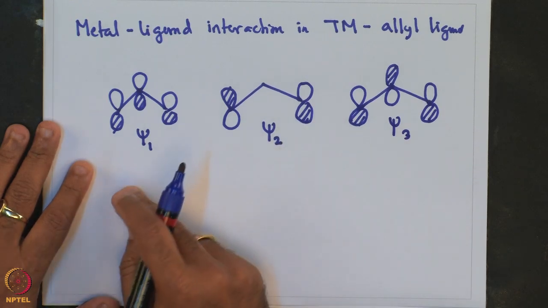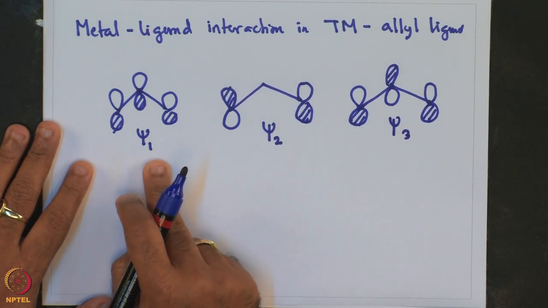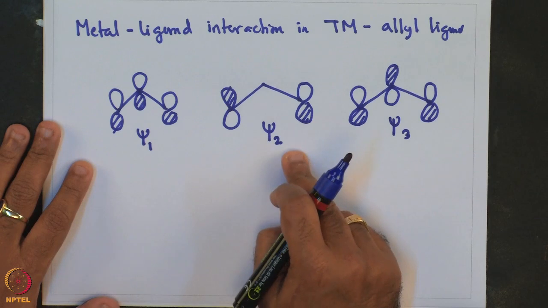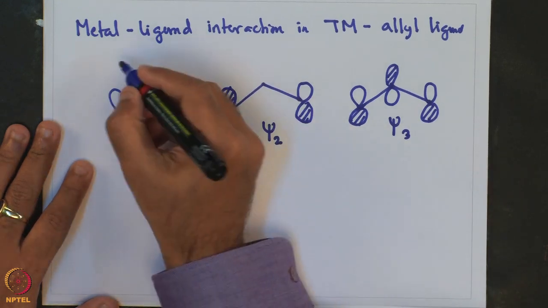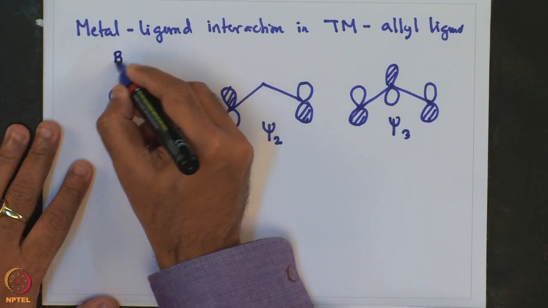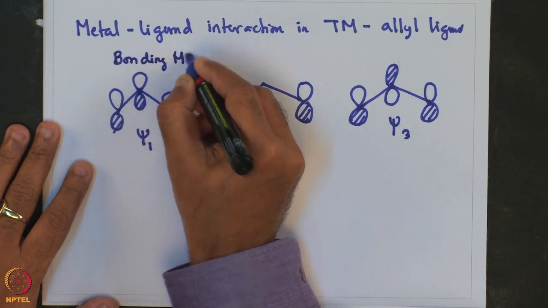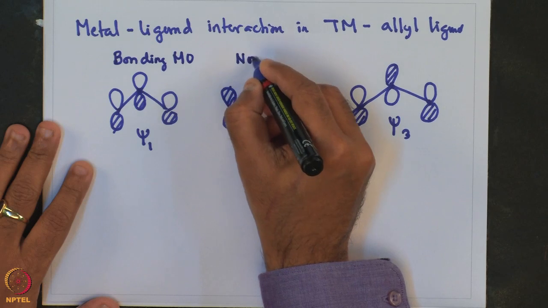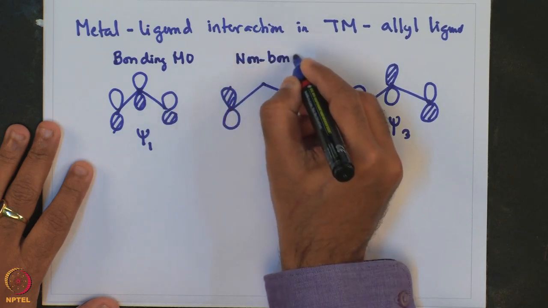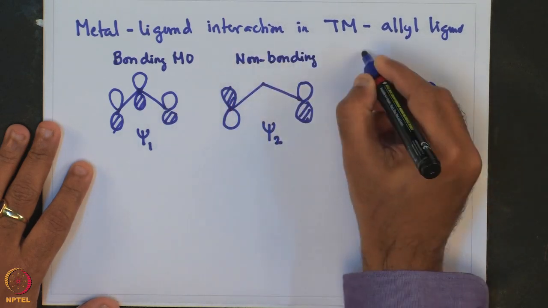Now, these are the bonding, non-bonding and anti-bonding MOs.